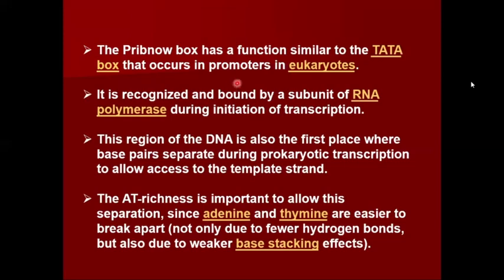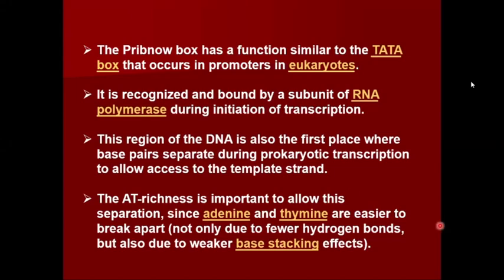So the Pribnow box is recognized by a subunit of RNA polymerase during initiation of transcription. Okay? And that happens to be the sigma subunit. Okay? I already mentioned that the promoter is AT rich.